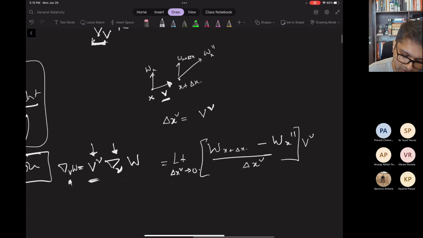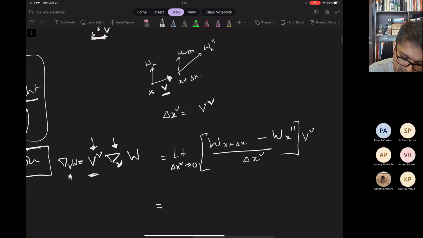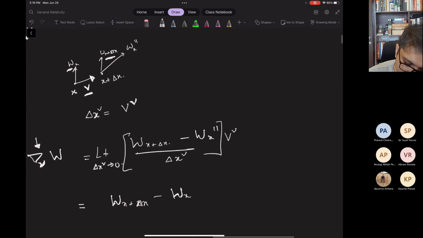Okay, so now when we evaluate this quantity, at least in a coordinate dependent way, what we're saying is W of x plus delta x minus W of x parallel transported is W at x minus this connection.